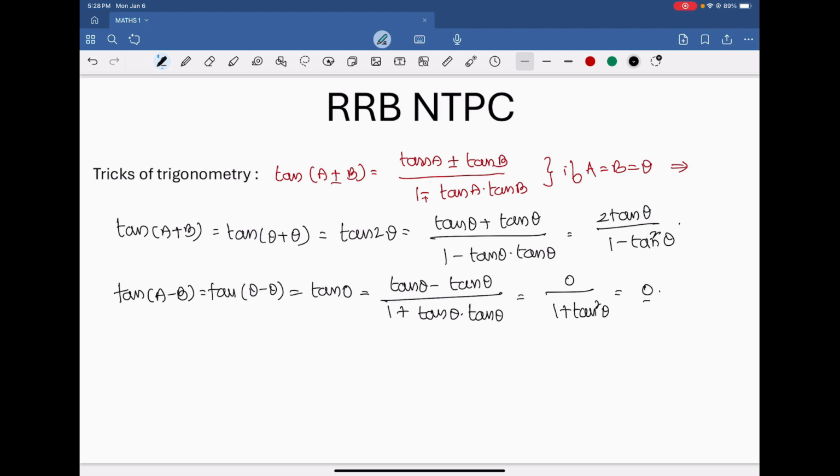That implies tan 2 theta is equal to 2 tan theta by 1 minus tan square theta, and tan 0 is equal to 0.